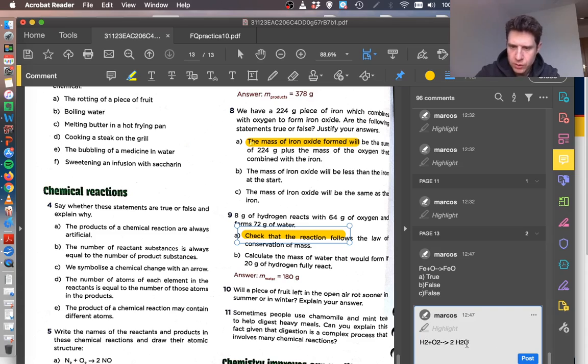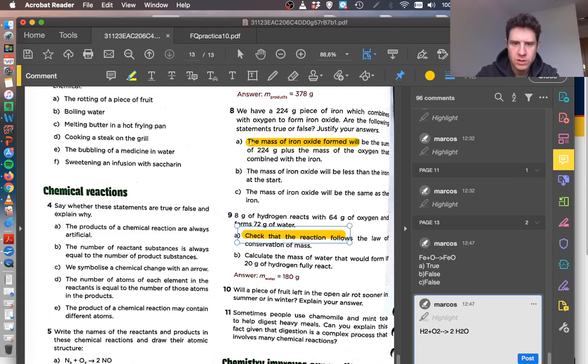Okay. Good. So we have 8 grams plus 64 is 72 grams. Is it all right? Because 64 plus 8 is 72 grams. So all right, it is true.